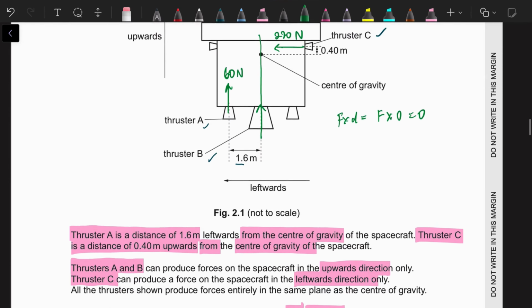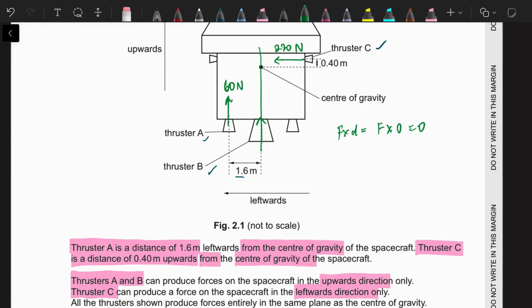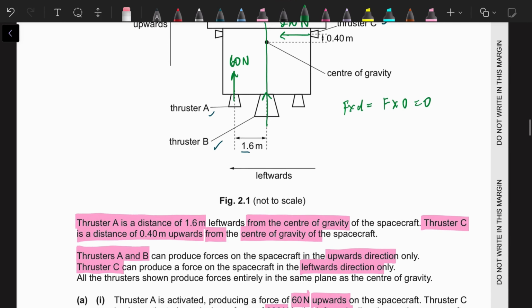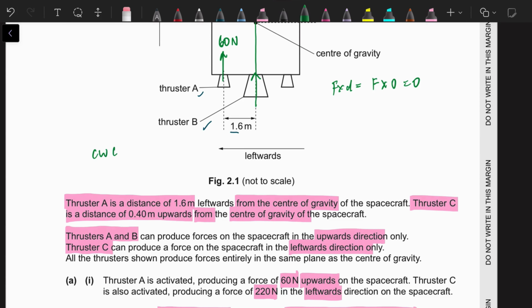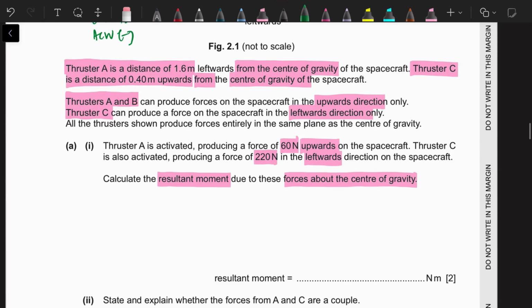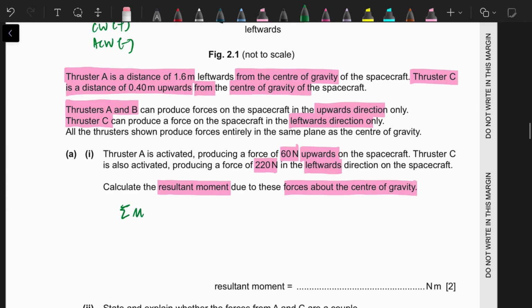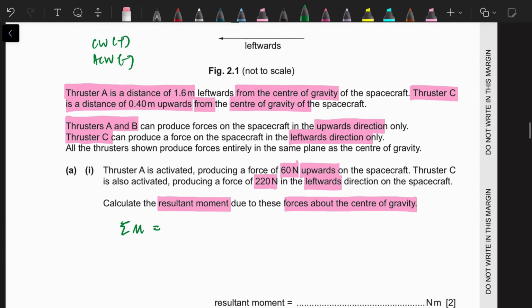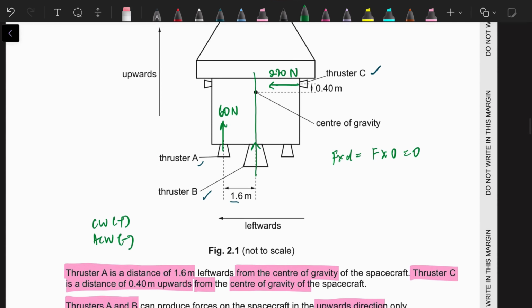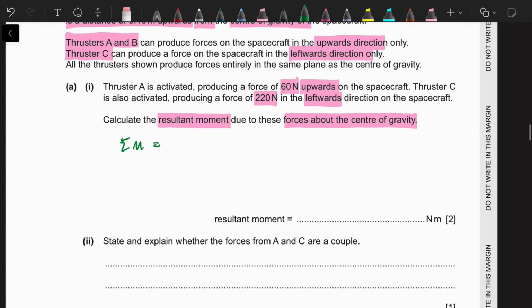So now let's set direction first: clockwise as positive, anti-clockwise or counterclockwise as negative. Resultant moment is basically the sum of all the moments. Ideally, if you look at it, this is supposed to be clockwise and this is supposed to be anti-clockwise, right? So clockwise is 60 and your distance is 1.6.